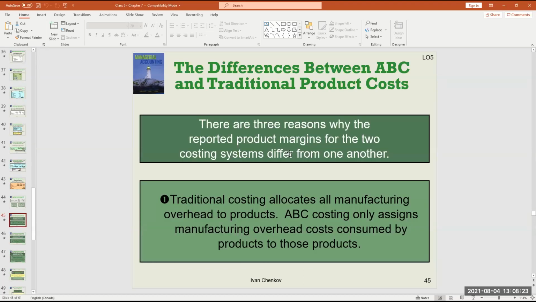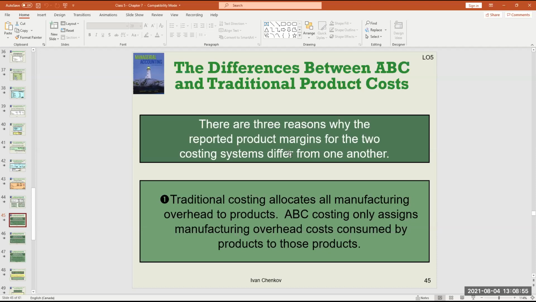At this point, there are three reasons why the reported product margin for the two costing systems differs from one to another. First, traditional costing allocates the whole manufacturing overhead to the product, whereas activity-based costing allocates only the manufacturing cost which is actually used by the product.